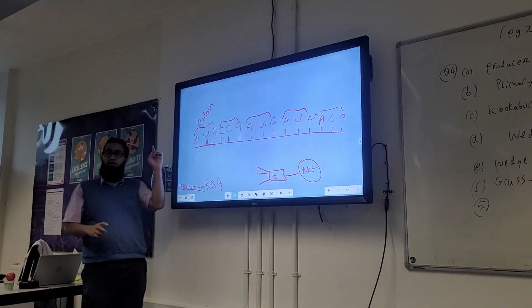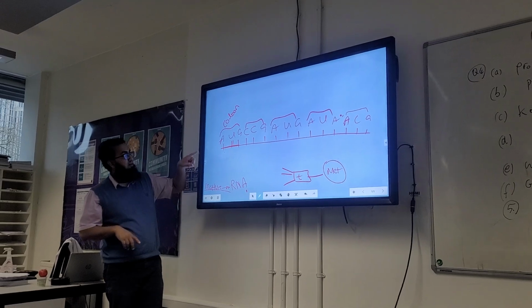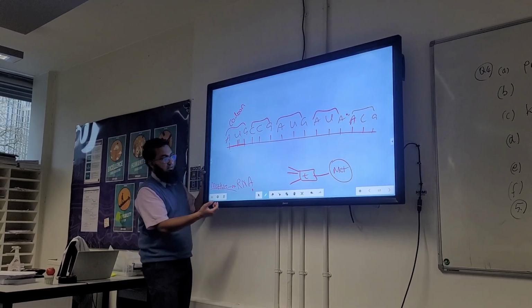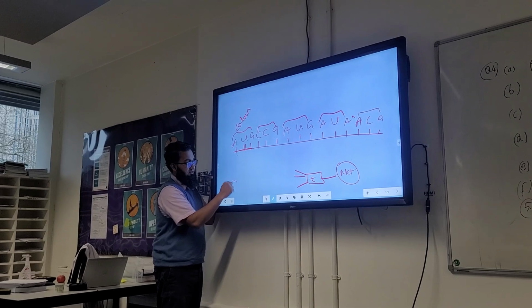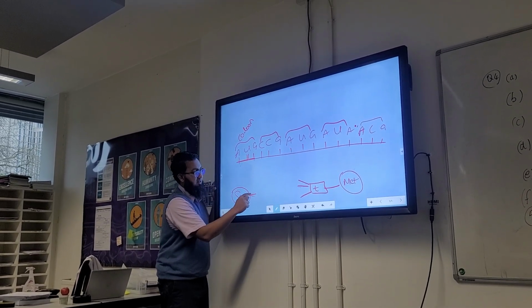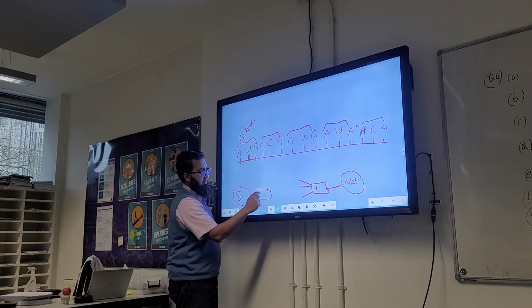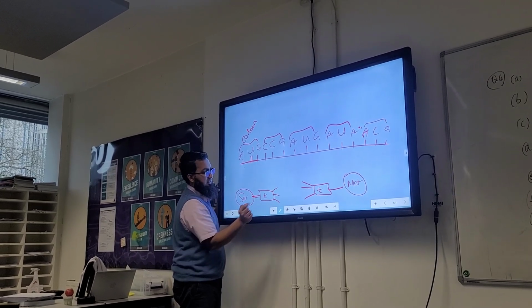Each codon generally codes for 1 amino acid. Let's do one more amino acid. I have serine, held by a tRNA, and you have these 3 bases, the anticodon.